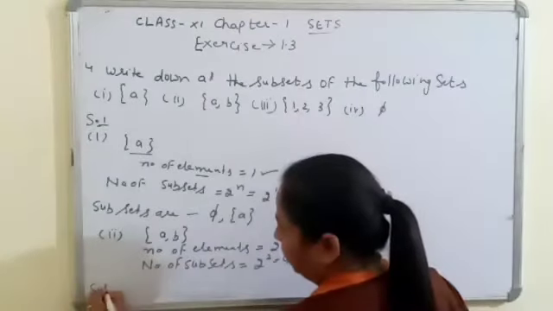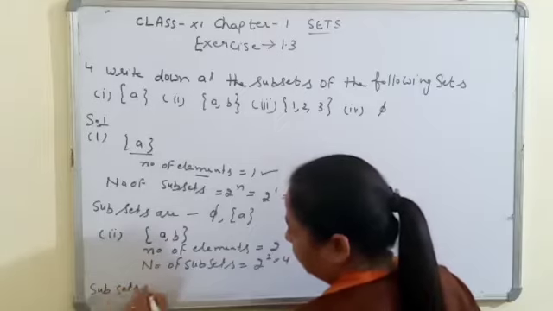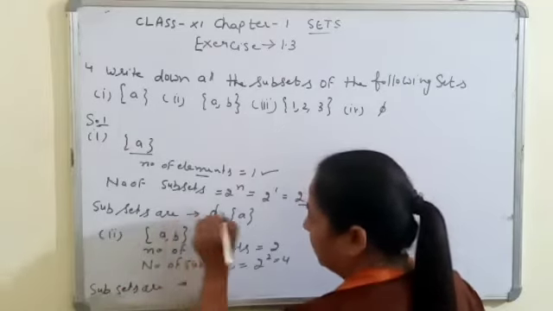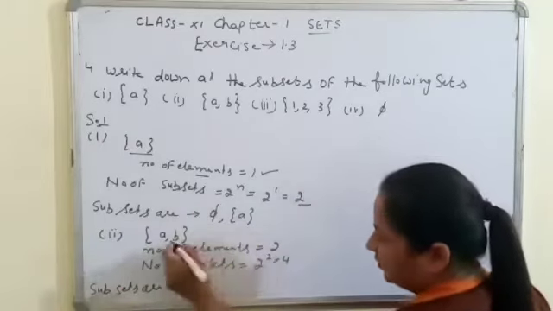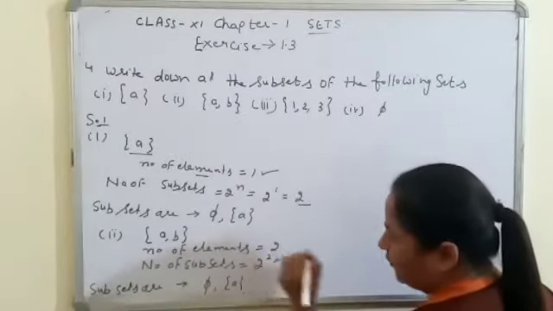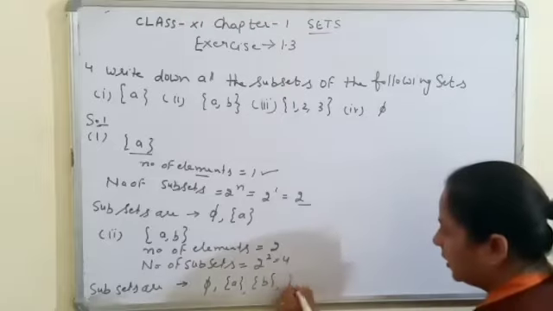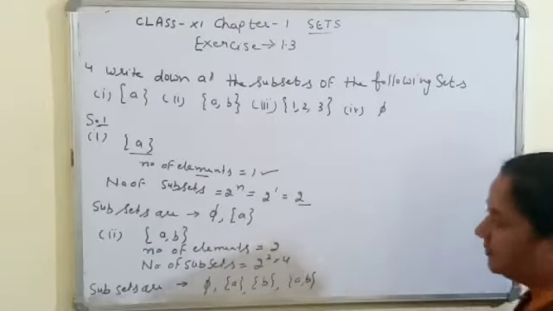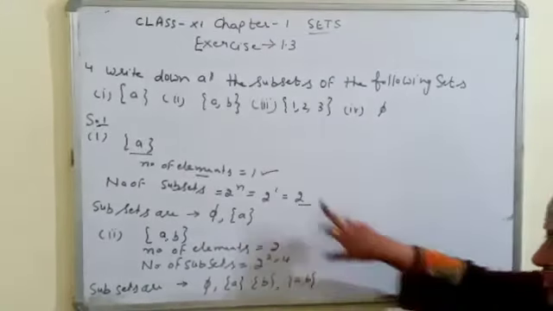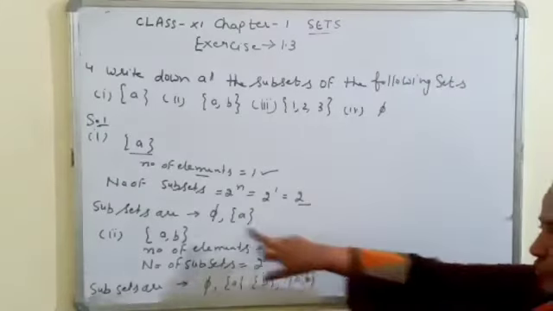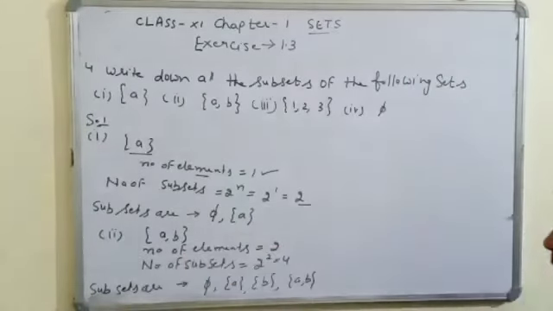Now write them. First is phi, second we can write {A}, then {B} and {A, B}. So these are the subsets of the set, and all of these belong to the power set of {A, B}.